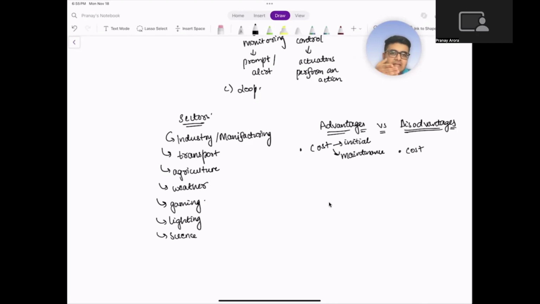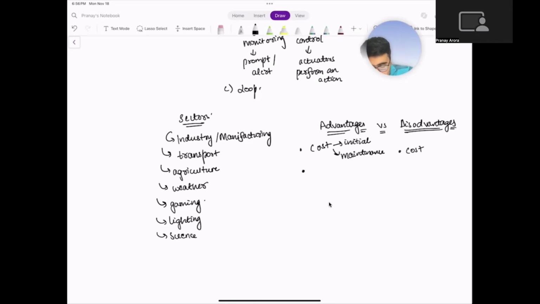So here cost can be an advantage because they can save labor cost also, and it's not really expensive. However, installing a whole robotic army in a factory, in a manufacturing industry, the initial cost and the cost of maintaining the robots will be very high. So cost, based on the scenario, can be both an advantage and a disadvantage.